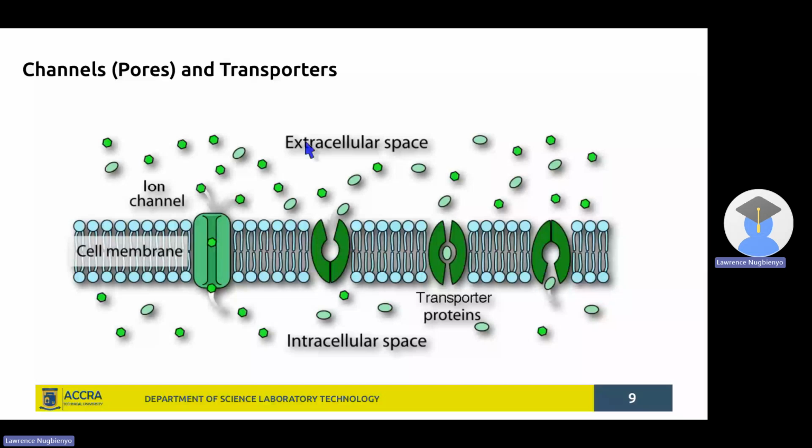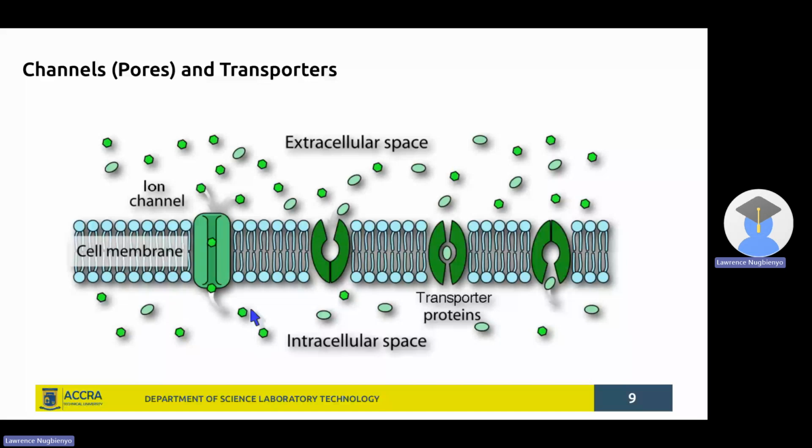Again, here is an extracellular space, and below it, an intracellular space, where you have some ions passing through from the outside into the inside of the cell. So you do have these types of channels.